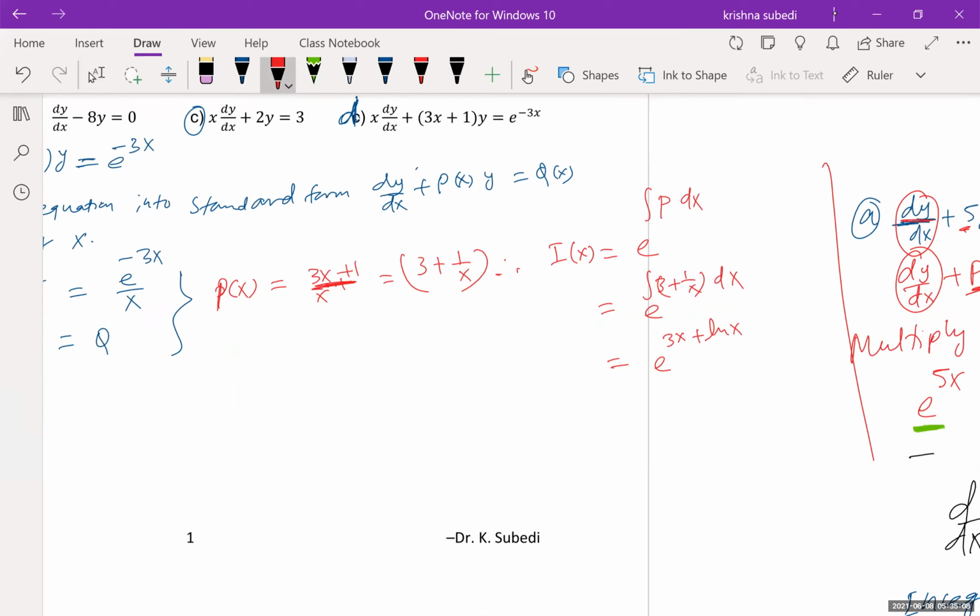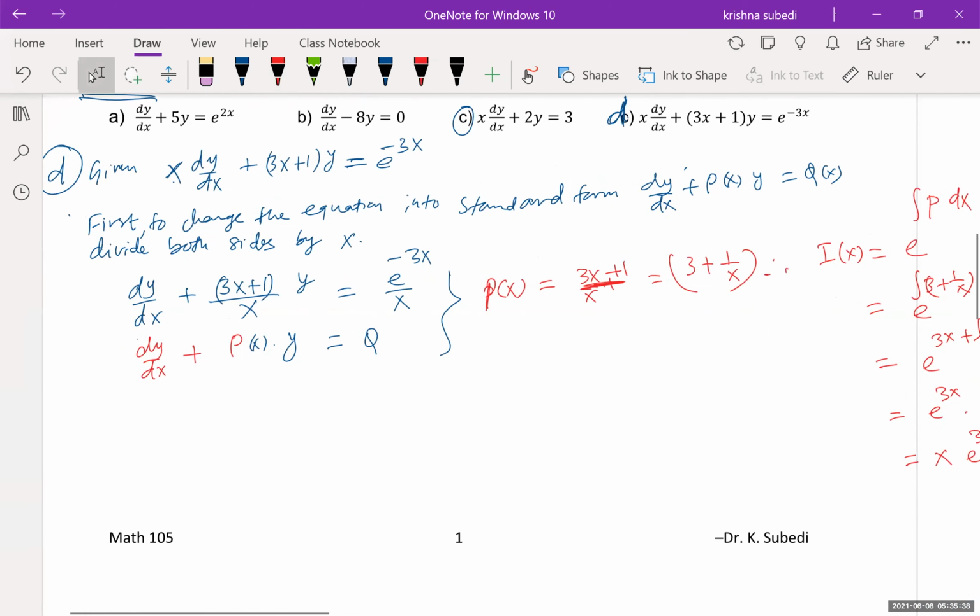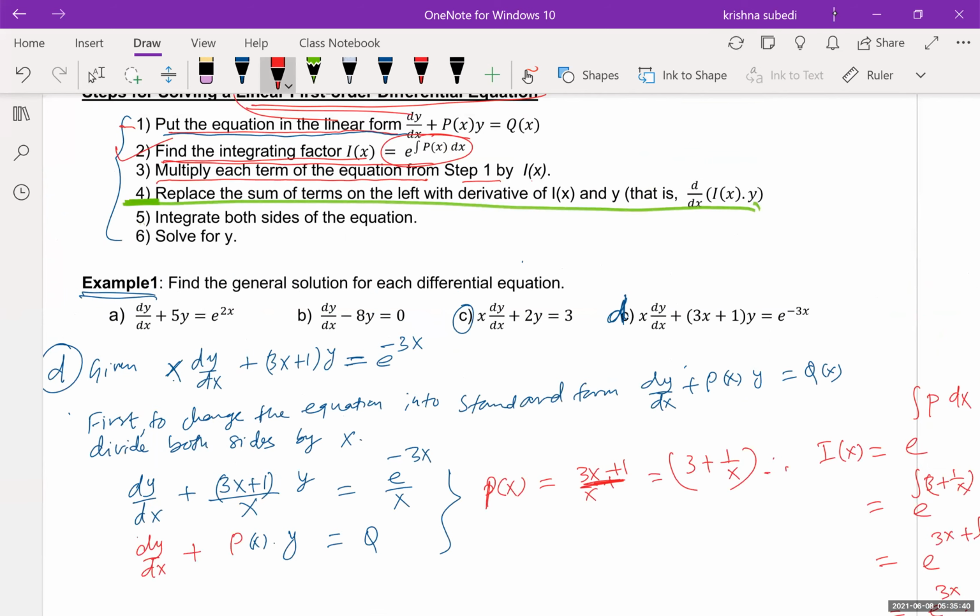Now you can do a little bit of high school algebra and simplify further. You can write this as e to the 3x times e to the ln x, which is simply x e to the 3x. So that is your integrating factor. We got the integrating factor.